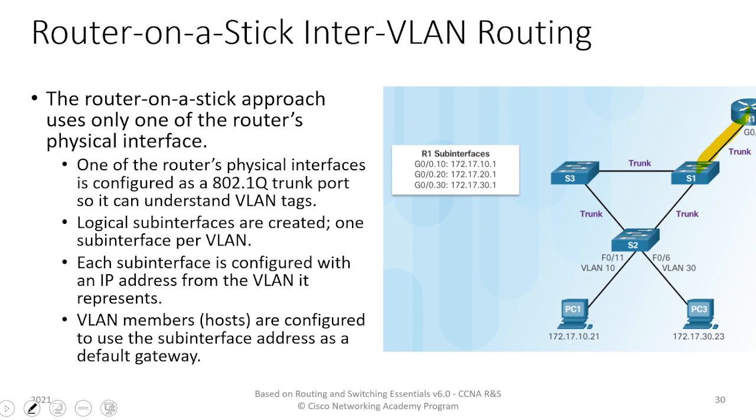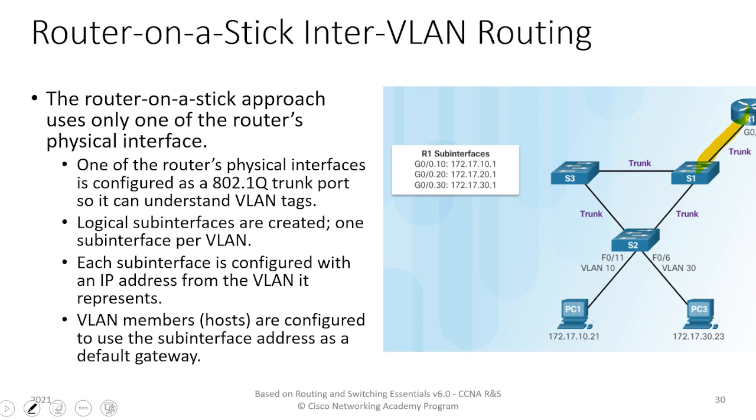This is an additional configuration on the router side, and the router also needs to have the ability to work with VLANs, and the connection between the router and the switch is also now configured as a VLAN trunk with VLAN tags being carried across to the router itself.